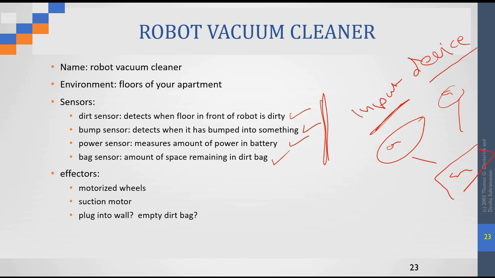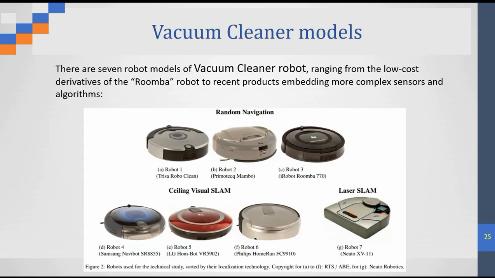Here these are the motors and the wheels. Let's talk about the wheels and the movements: how can we make the movement flexible? If you see the design of this, most of them are actually a circle. Why a circle? Because it makes the movement more flexible.